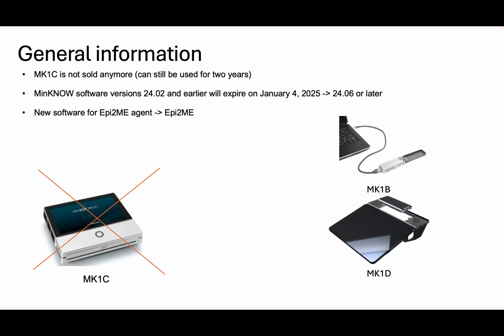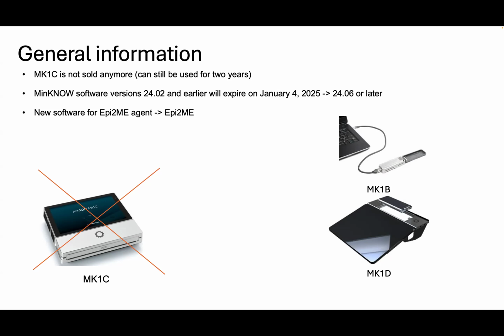Then maybe just two general pieces of information. If you have a MinKNOW software version which is older than 24.06, you cannot use it anymore. So it's expired. It expired already on January 4th. So you really have to take care that you've got the latest update.